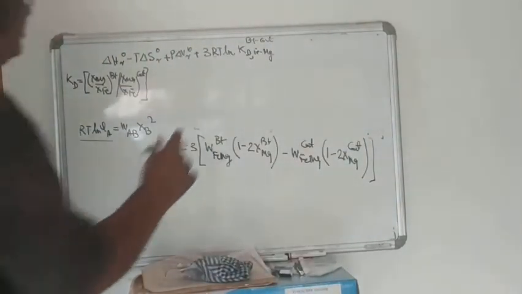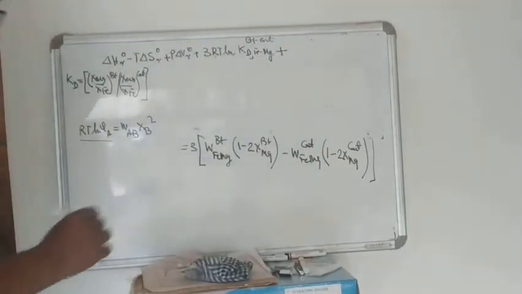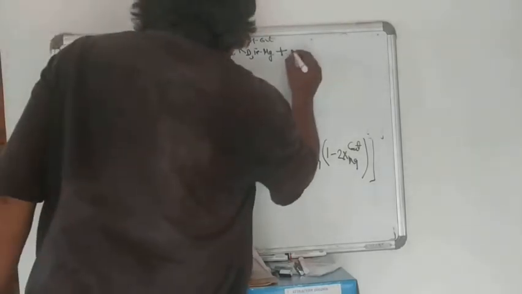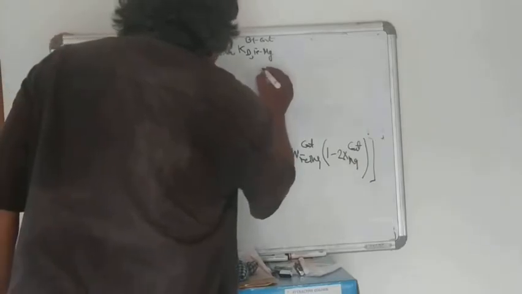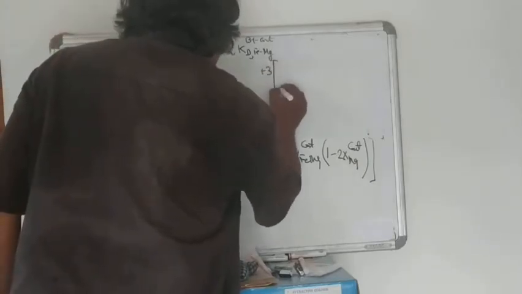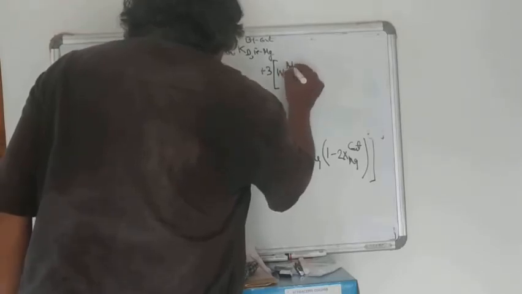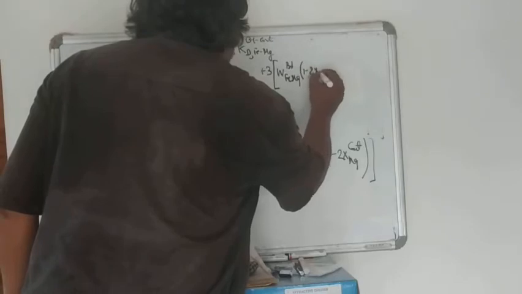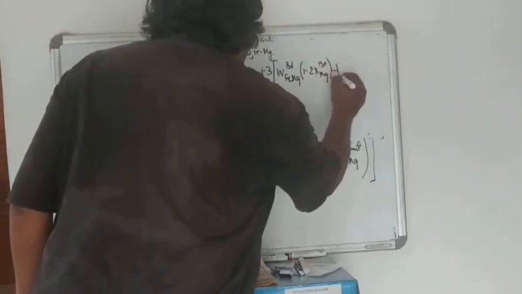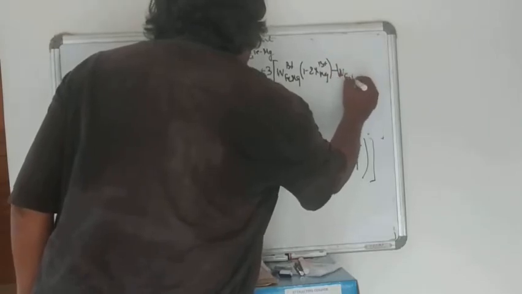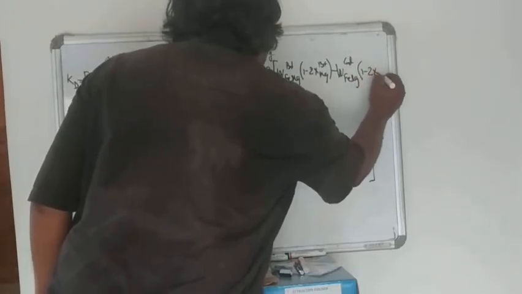So now I can write plus 3 into W_FeMg biotite into 1 minus 2X_Mg biotite minus W_FeMg garnet into 1 minus 2X_Mg.